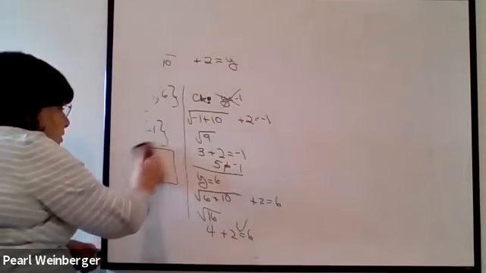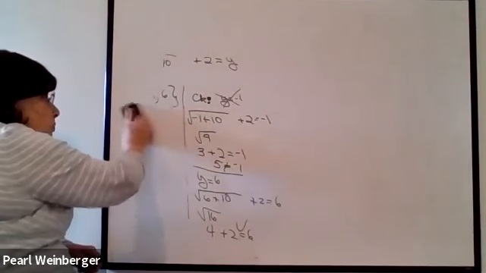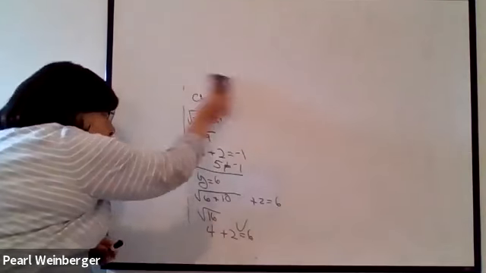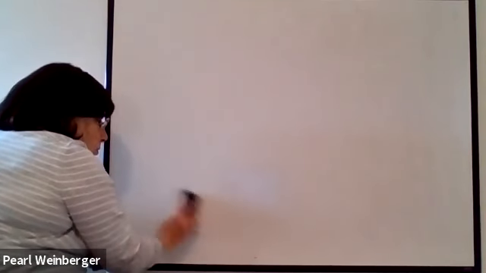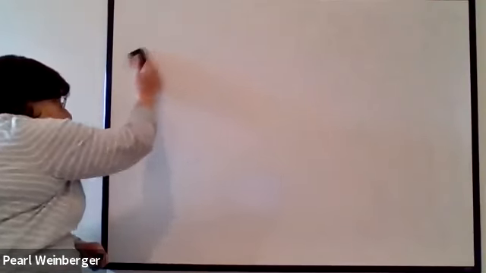Okay, so that takes care of radical equations. What we're going to do in the rest of this chapter is talk about a number system that comes up occasionally.